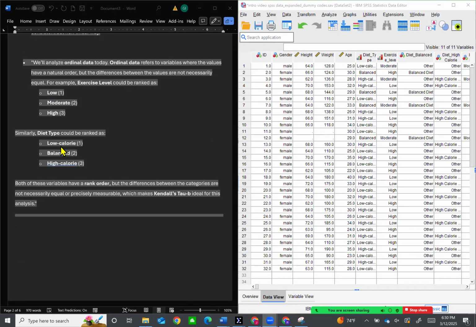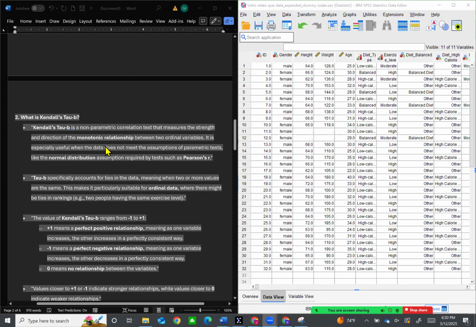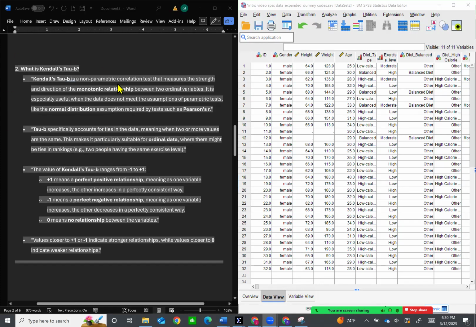Again, they have a rank order, a natural order, but we don't know the differences. Maybe this is 900 calories and this is 3,000, but we don't know the difference, which makes this non-parametric test good for this analysis.